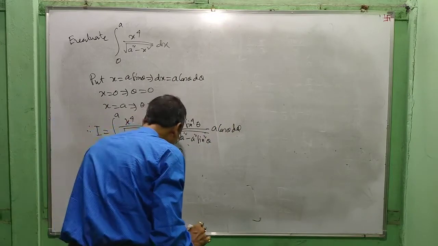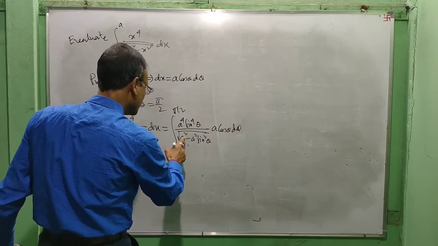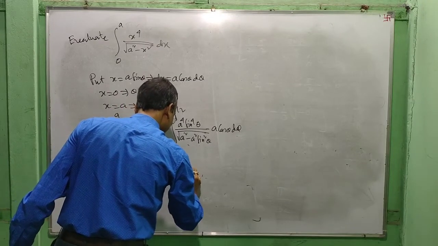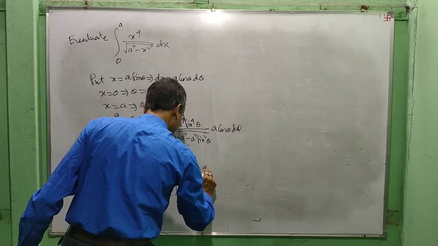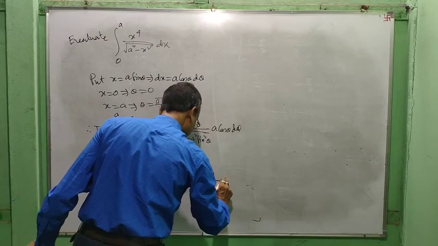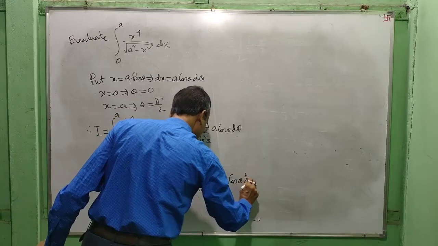This is equal to the integration from 0 to pi by 2 of a to the power 4 sin to the power 4 theta, over a cos theta, times a cos theta d theta.